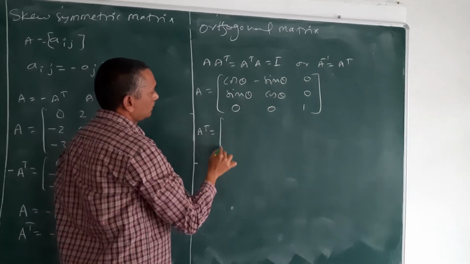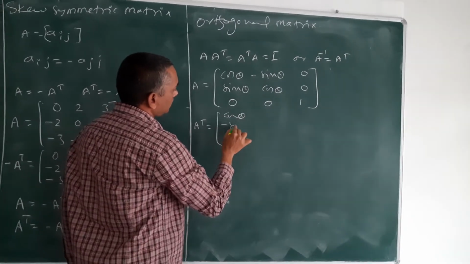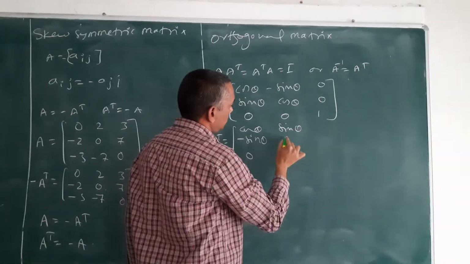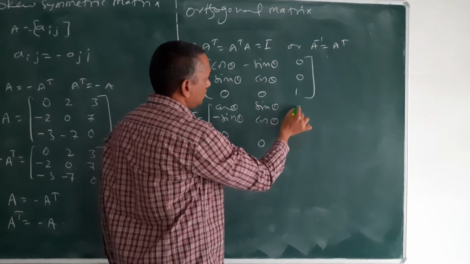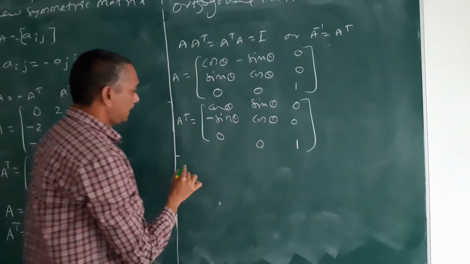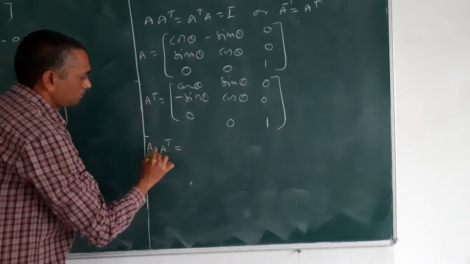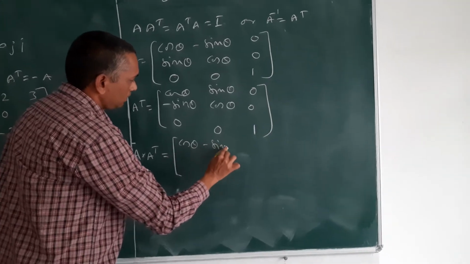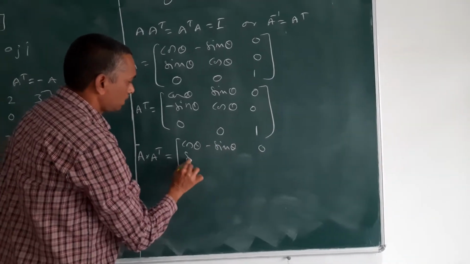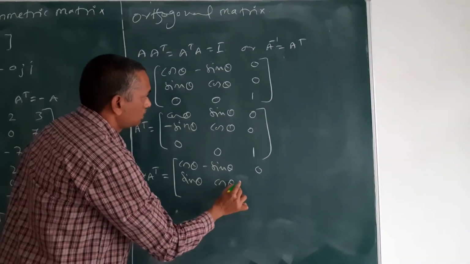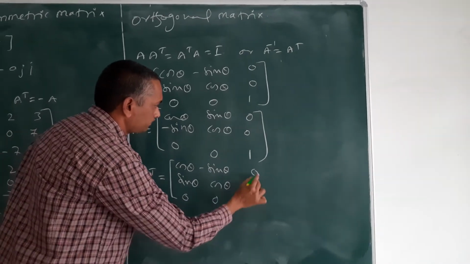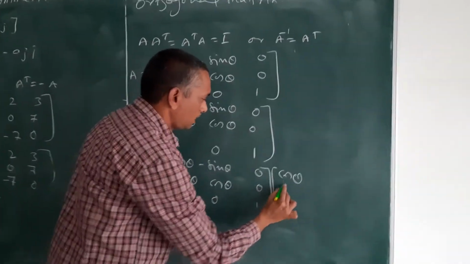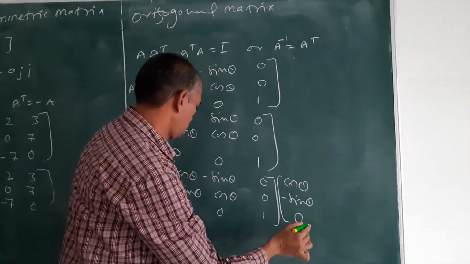A transpose equals cos theta, sin theta, 0, minus sin theta, cos theta, 0, 0, 0, 1. Then A into A transpose equals this matrix A multiplied by A transpose.